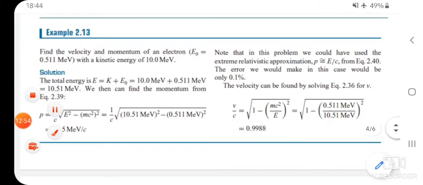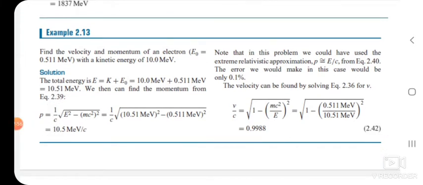Now, next, find the velocity and momentum of an electron with rest mass energy E naught equal to 0.511 mega electron volt and kinetic energy 10 mega electron volt. By using the above formula, you can find its momentum, because E is equal to K plus E naught.